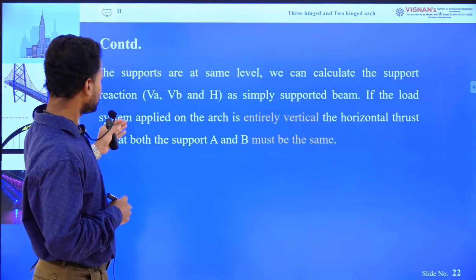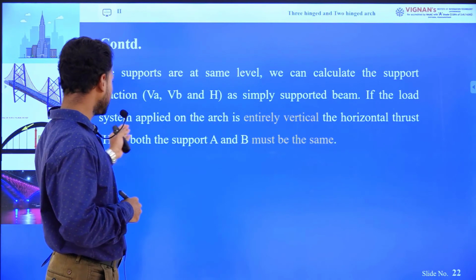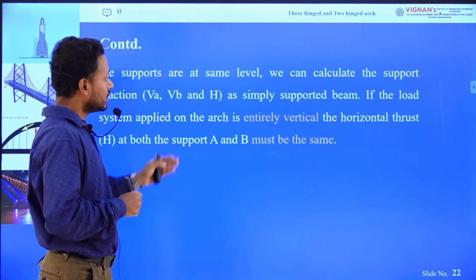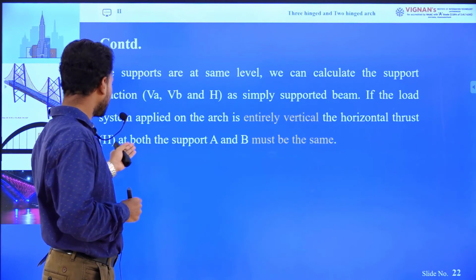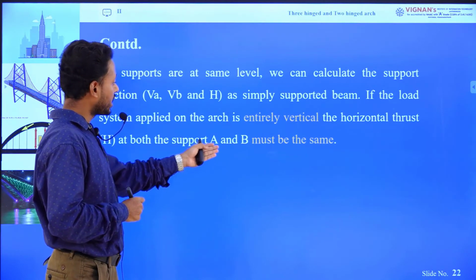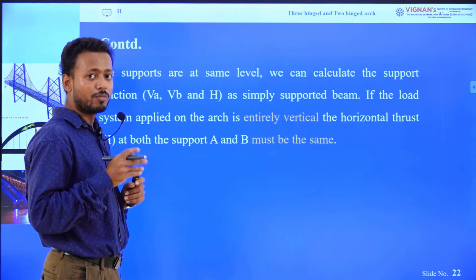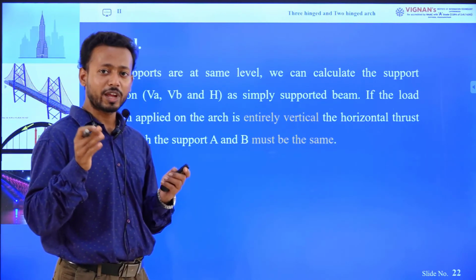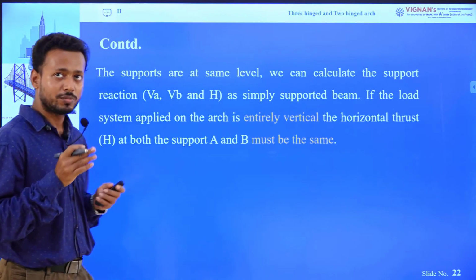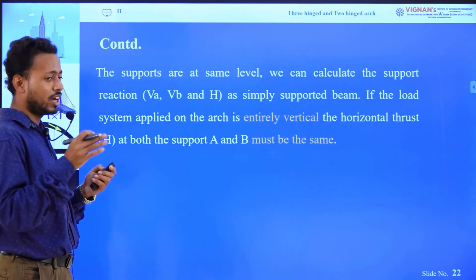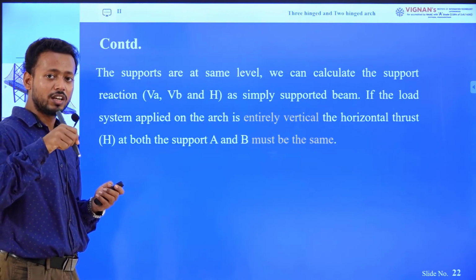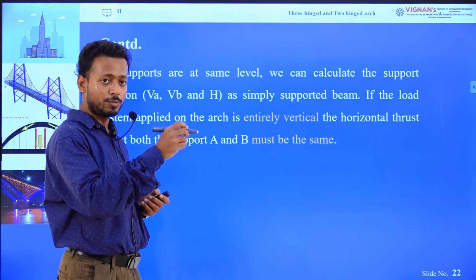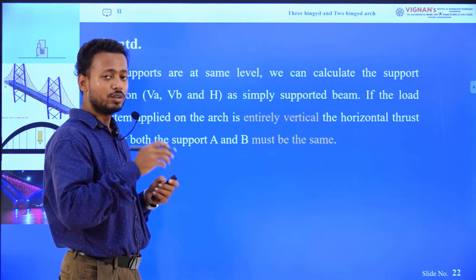So if the load system applied on the arch is entirely vertical, the horizontal thrust H at both supports A and B must be equal. If you see in any numerical problem that the load acting on the arch system is perfectly vertical, then you can consider that the horizontal thrust at both supports, A and B, will be equal.